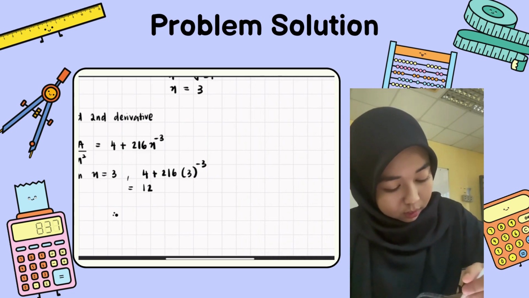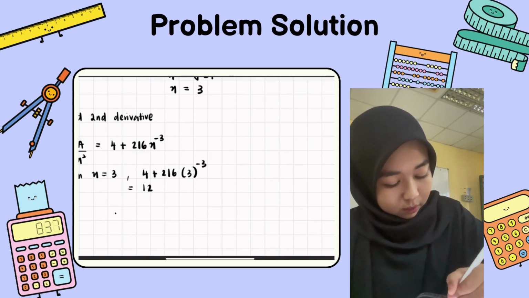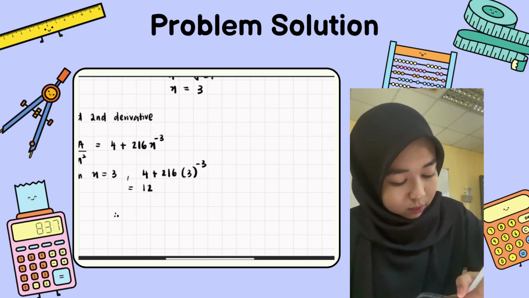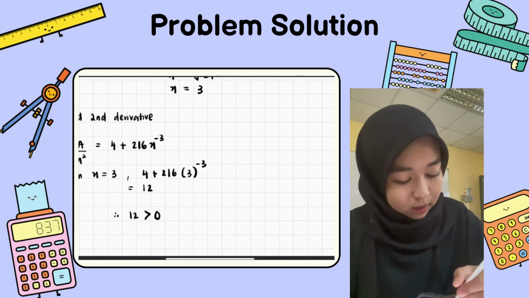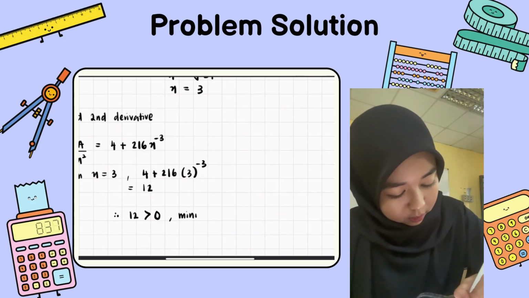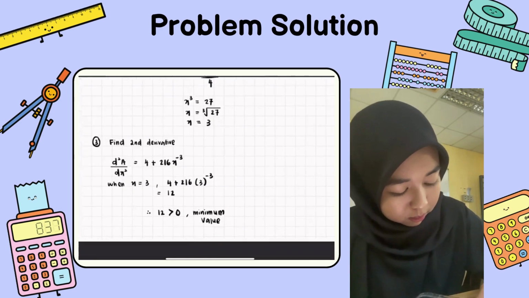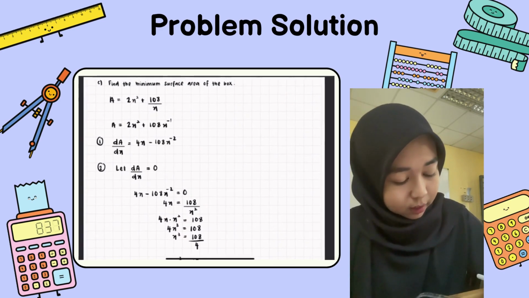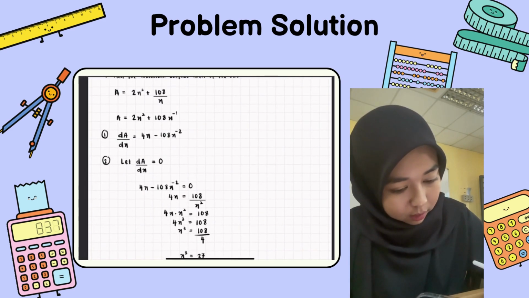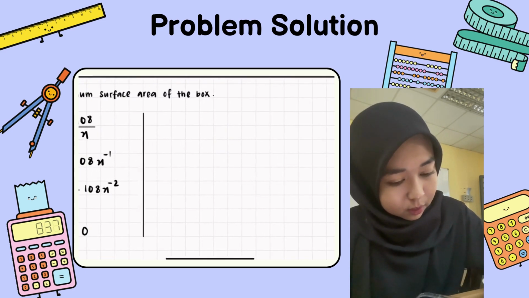From the second derivative test, we know that 12 is more than 0. So it proves that this is the minimum value. But the question asks to find the minimum surface area of the box.